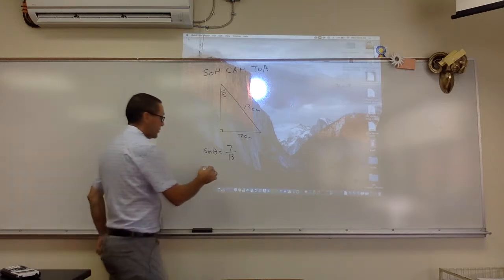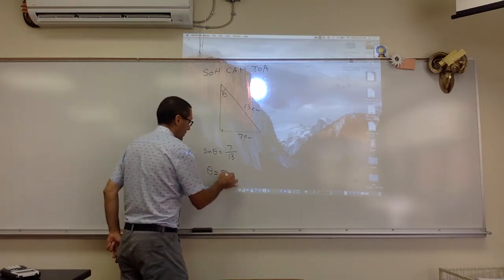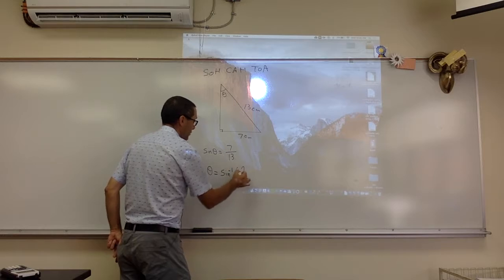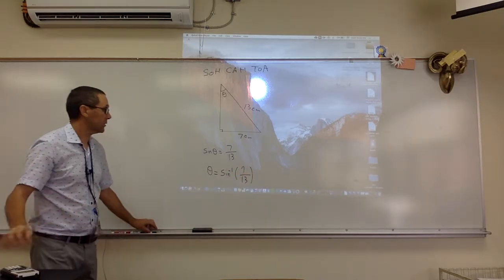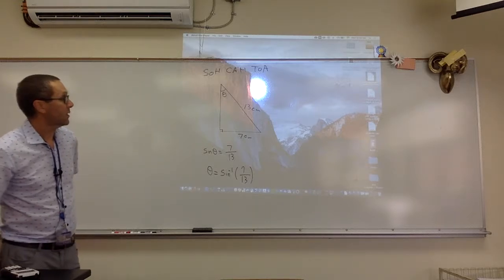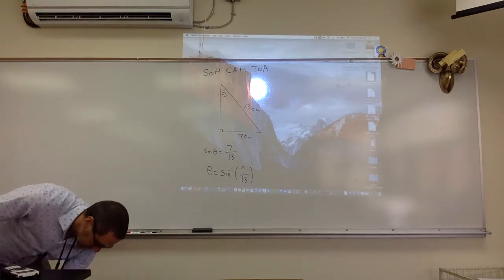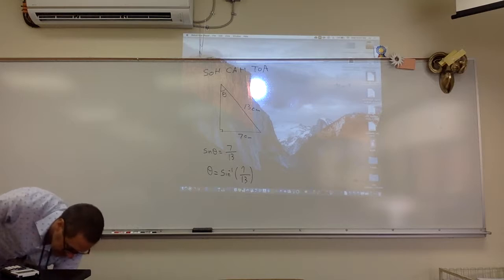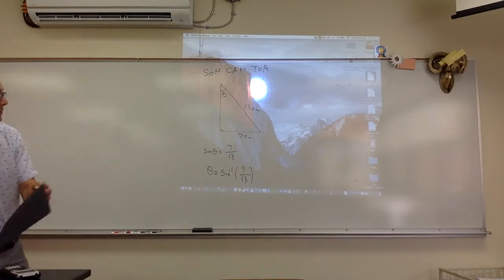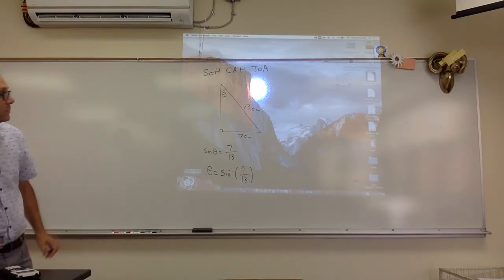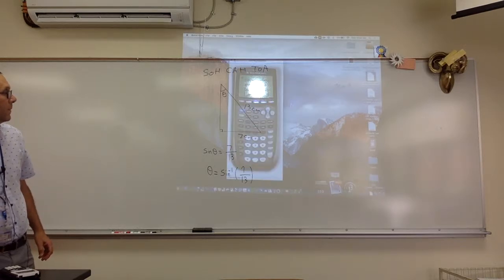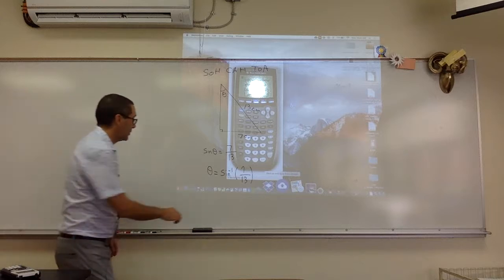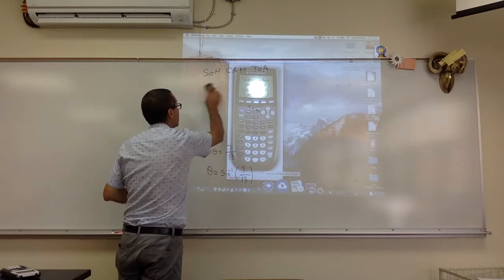This is where you have to go to your calculator and use the inverse of sine. I'll show you that on the calculator that I have here. I'm going to erase this stuff here.